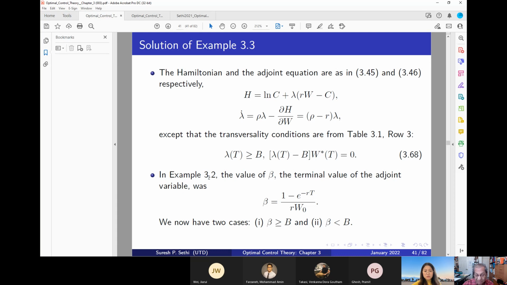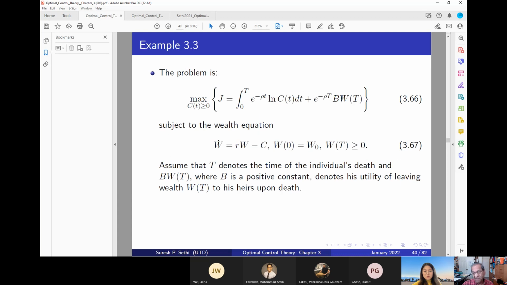Now, remember, I went to example 3.2. In example 3.2, we found the value of beta. That value of beta is exactly the value that will give you 0 wealth in the end. Clearly now, if b was 0, certainly we will have the same solution as the previous solution, right?